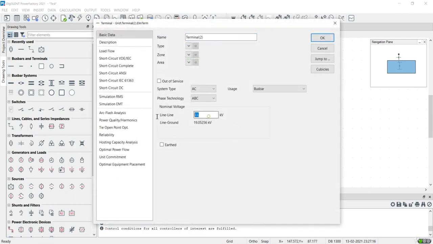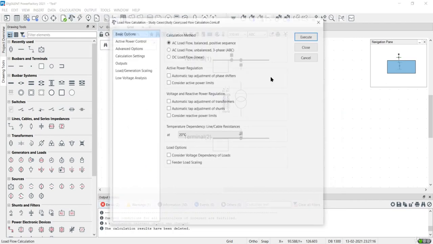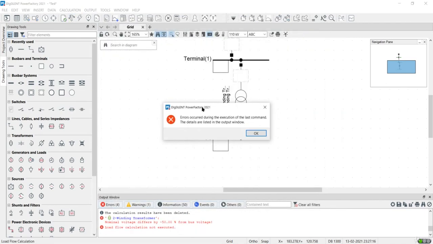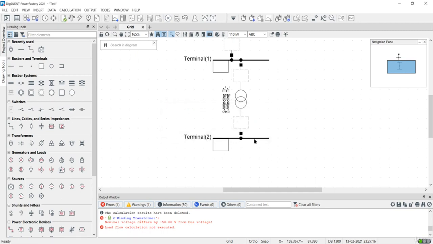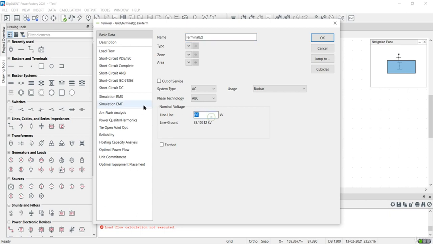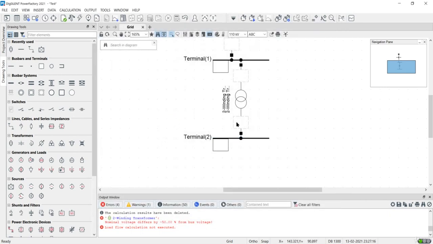If the voltage was different, the load flow simulation will fail to converge and PowerFactory will show you the error. So just ensure that whenever you are modeling the network, the voltage levels are the same and match the rated equipment that you are connecting in the network.